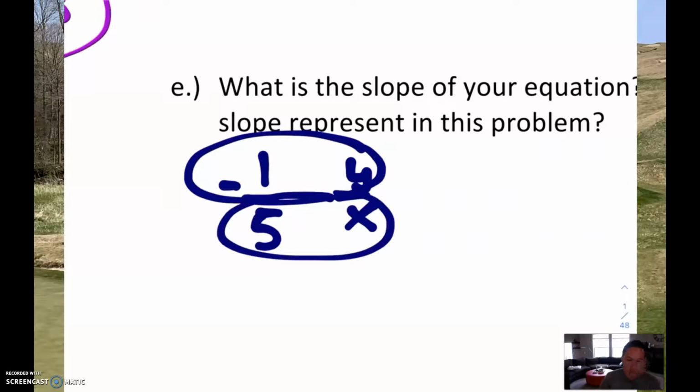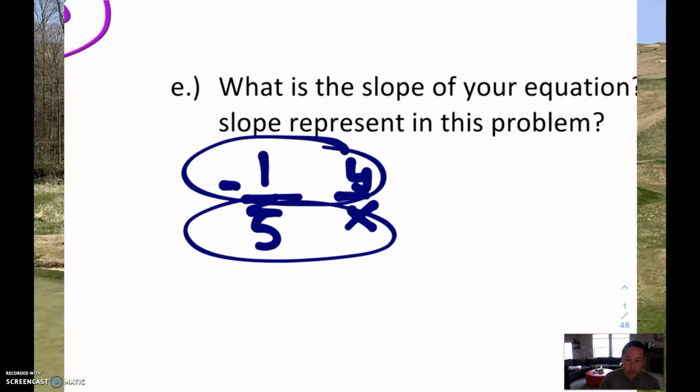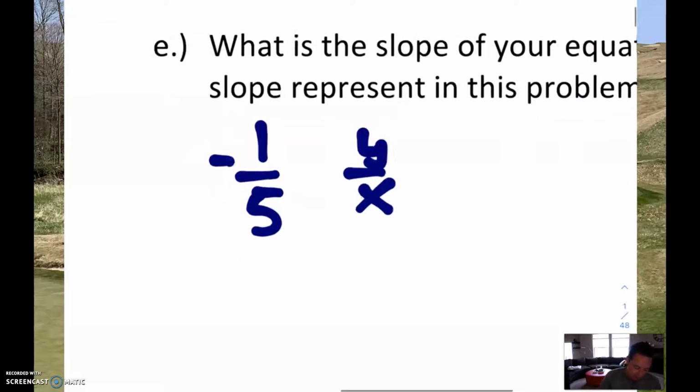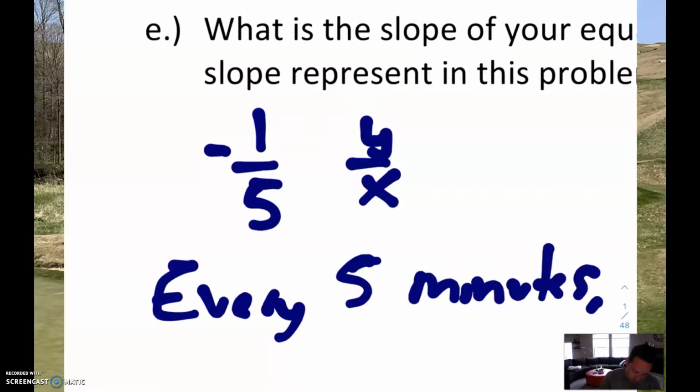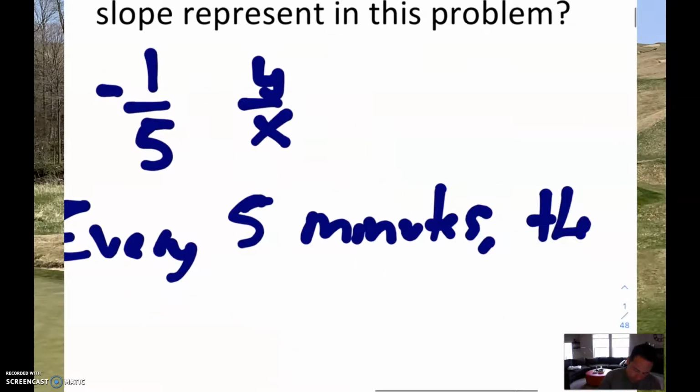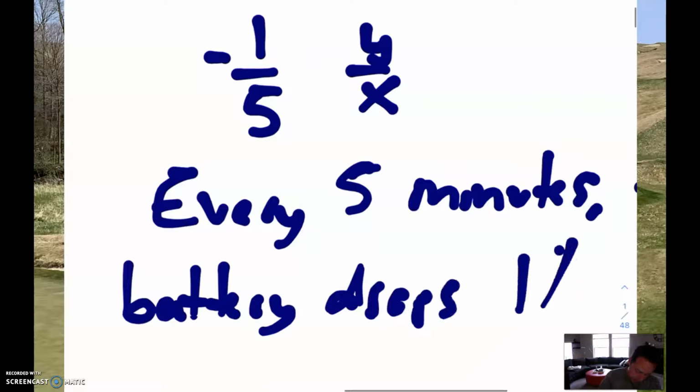This is for every 5, what did x represent? Minutes. So in this case, every 5 minutes, it's going down by 1%. So every 5 minutes, the battery drops 1%.